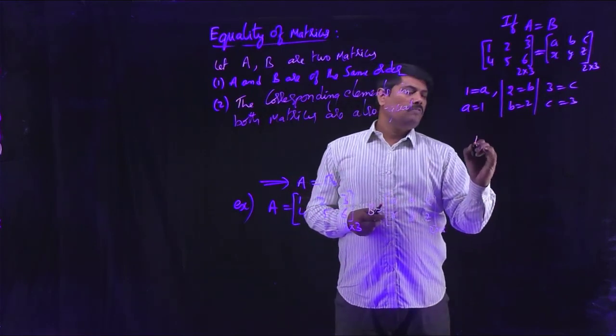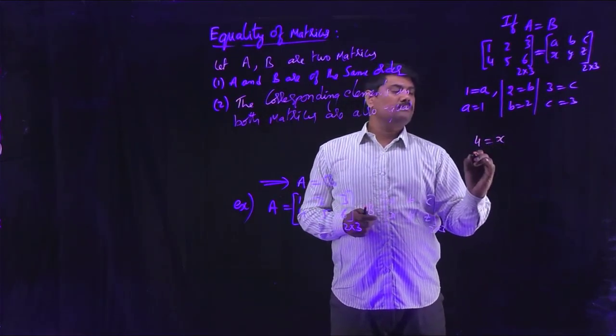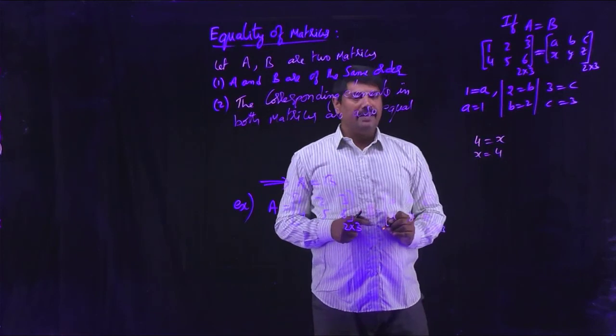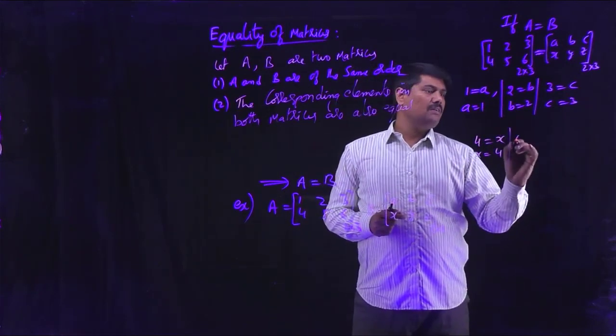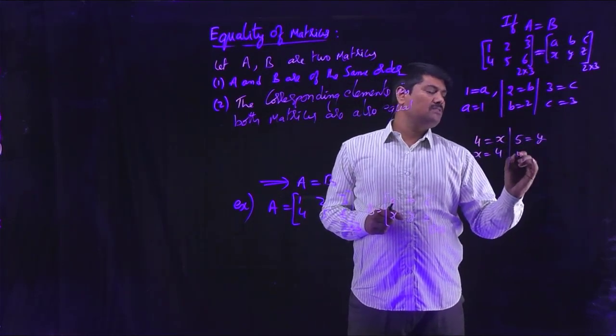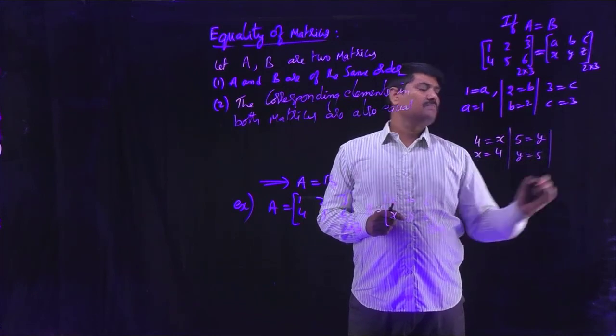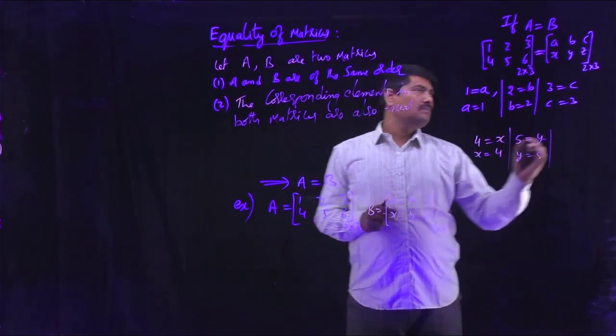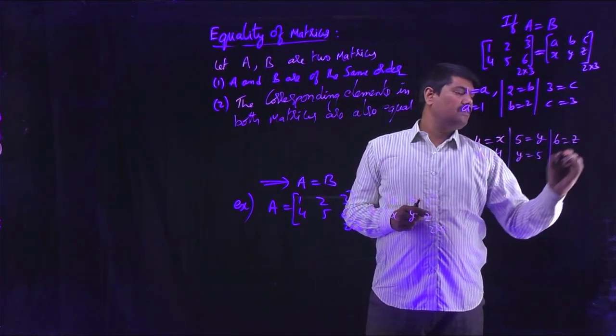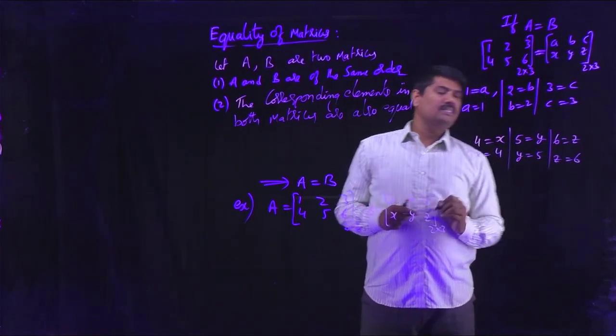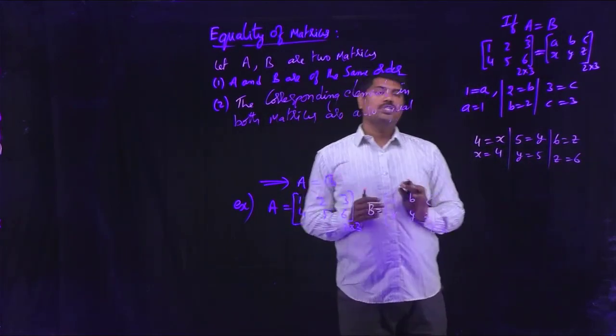Now 4 is equal to x, the 2 1 position elements. 5 is equal to y, so y value is 5. 6 is equal to z, so z is equal to 6, in the 2 3 position.